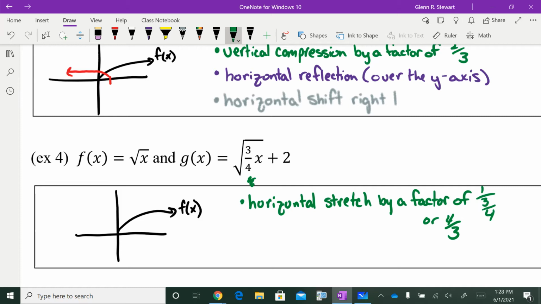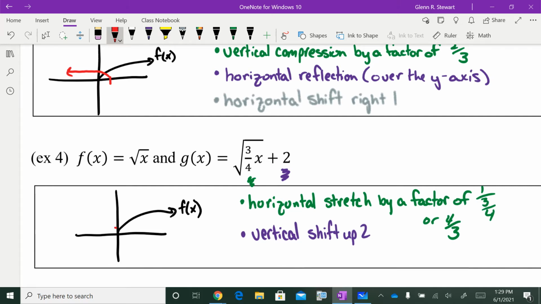So vertical and then horizontal. I'm showing that with my hands. Of course, you guys can't see me on the screen for the video. And then because it's on the outside, that is a vertical shift up 2.